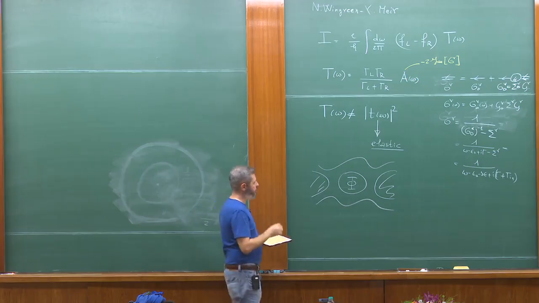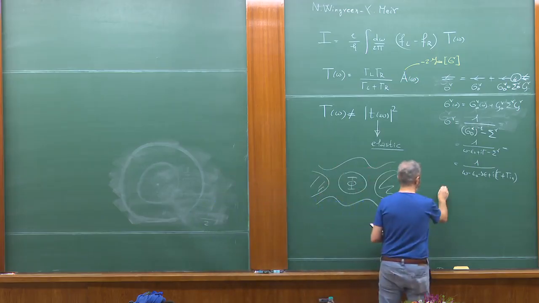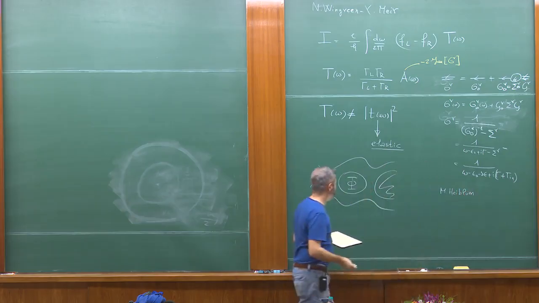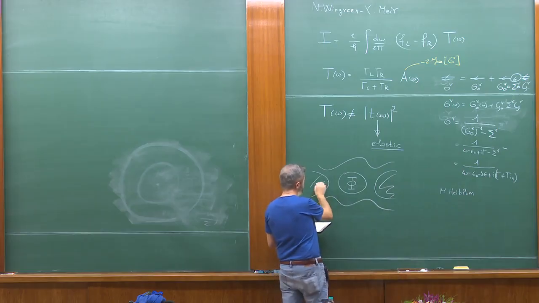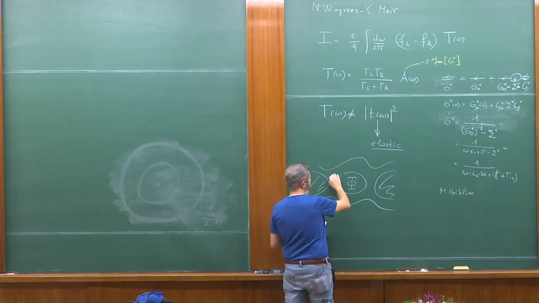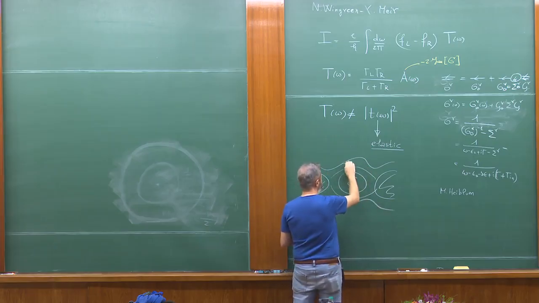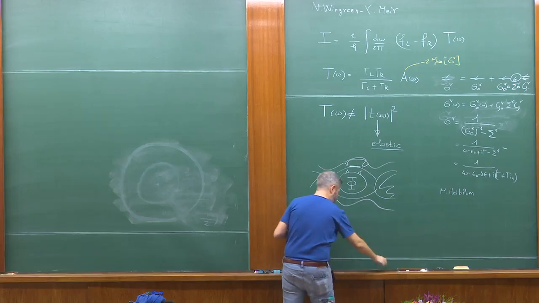This experiment was done by Moti Heiblum and others, and Amir Jacobi and others. And then they were shooting electrons, and electrons to go to the left could take two paths, one above and one below. And let's say that here I put a quantum dot. I put my resonant level here.